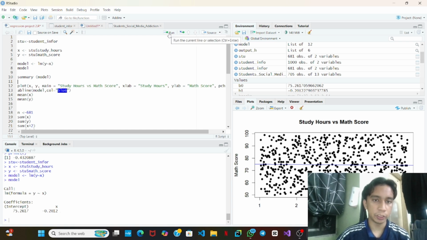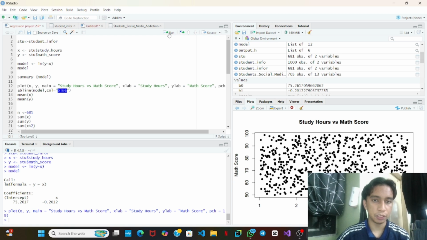And then we move to the next slide, where we plot our graph. So study hours will be the x-axis and MET score will be the y-axis. The range is from 1 to 5 for study hours, and for the MET score it will be 50 until 100.